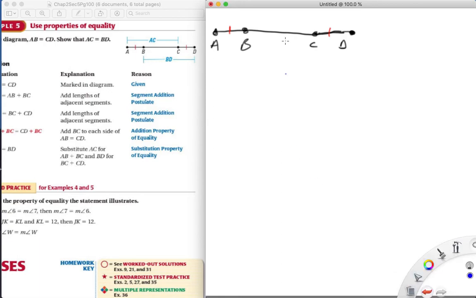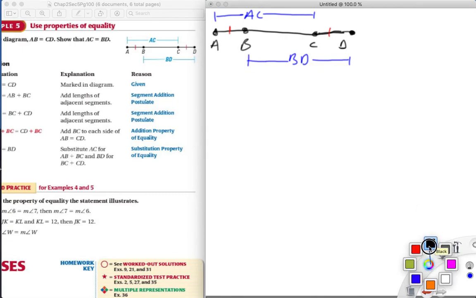We also have this AC right here. And we also have BD right here. They want us to prove, what do they want us to prove? Given the fact that AB equals CD, they want to prove that AC is equal to BD. So we want to prove that AC is equal to BD.